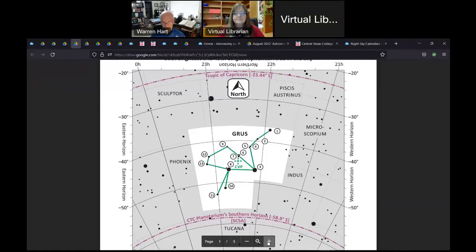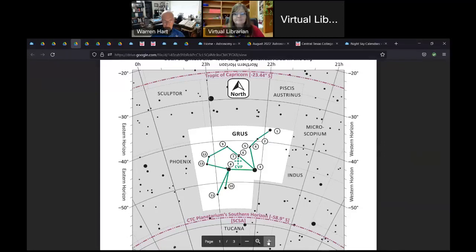So if you stay at this latitude, you will never see any of those things that are down there. One of the constellations we're going to talk about is down there, and it's mentioned as Tucana. And we'll see how much of Tucana is available to us.